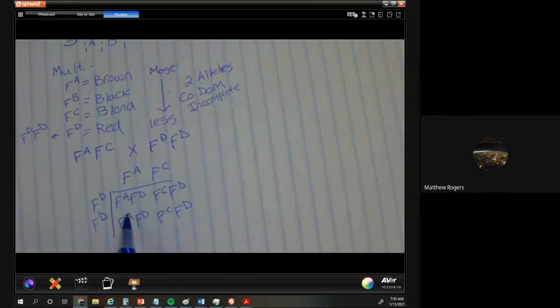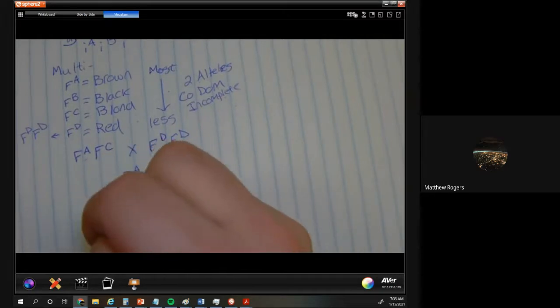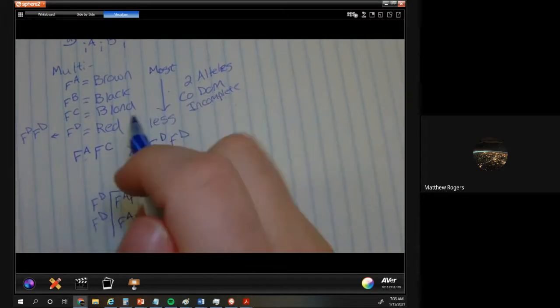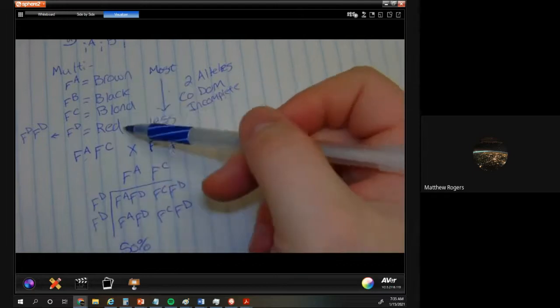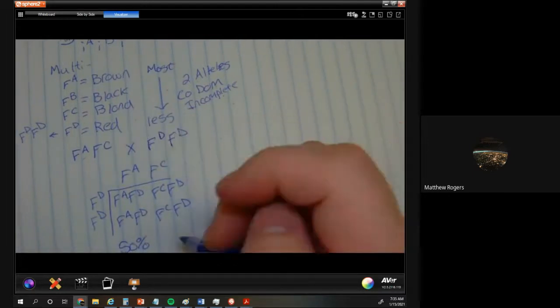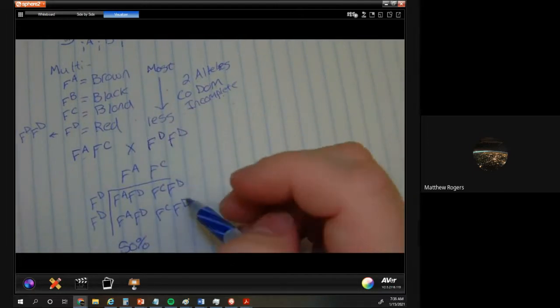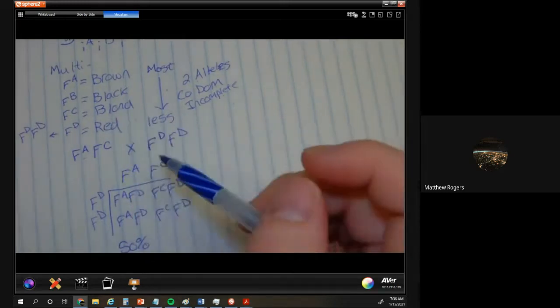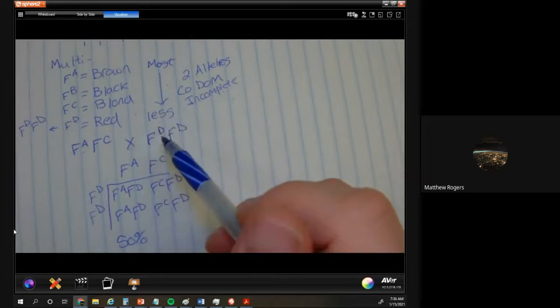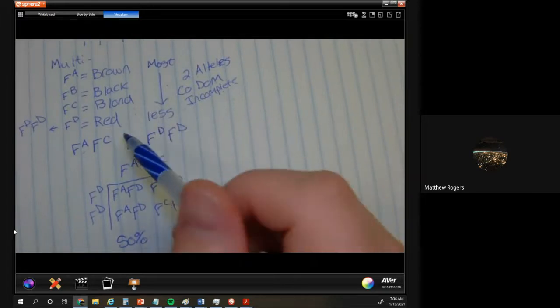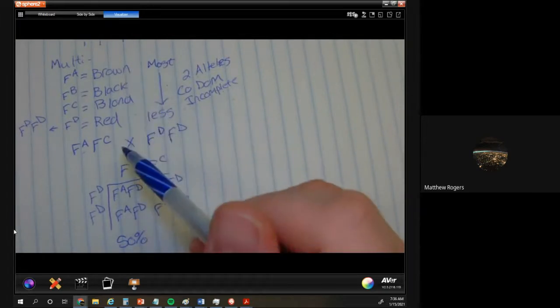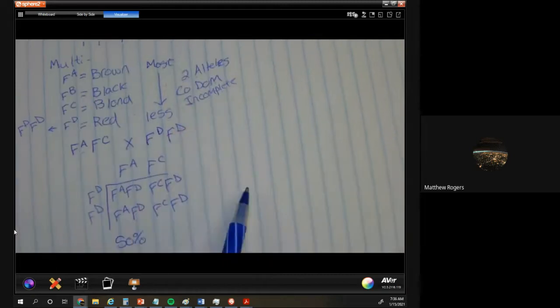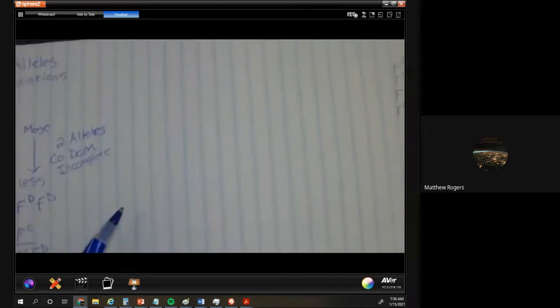So their children could be 50% FA FD, which would be brown and red, so like a brownish red, and 50% would be a strawberry blonde because it'd be red and blonde. Okay, and so this is how this works. There's not just two alleles; it's going to be multiple alleles, and they're going to interact with each other. That's multiple alleles.